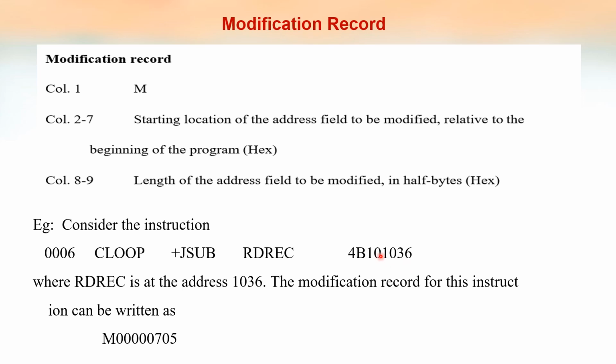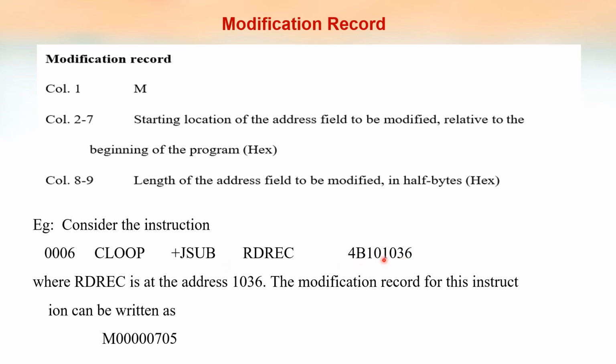So this 0 is in which address? 4B is at memory location 6, and 10 is at location 7. So this 0 is in location 7. That is why we have written the starting address here as 000007. That is the starting location of the address field to be modified, relative to the beginning of the program.